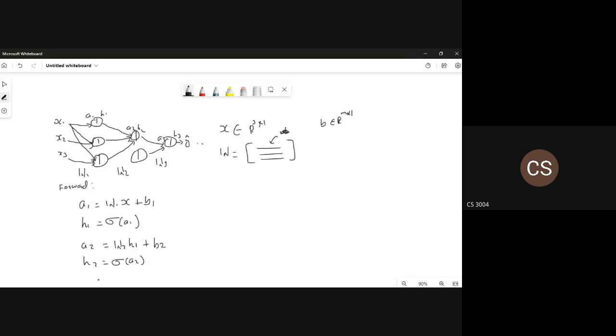So we have this H2, which is equal to sigmoid of A2, and then finally we multiply the output with W3. For convenience we keep things simple. So let's say A3 is equal to W3 H2 plus B3.